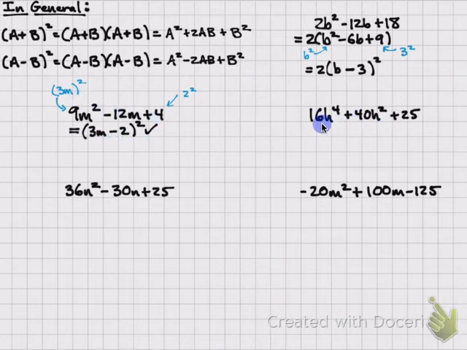Over here, okay, we are already in standard form. There are no common factors that I see. Let's take a look at this first term right here, 16h to the 4th. Is that the square of something? Yes, that's what we get when we take 4h squared and square it. So this first term is a perfect square. 25, absolutely, that is the square of 5.